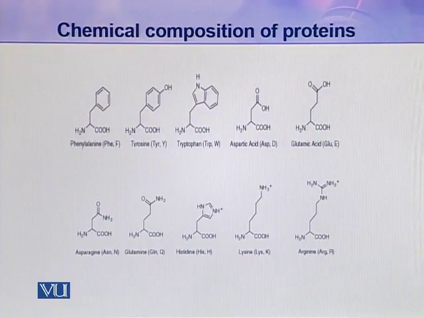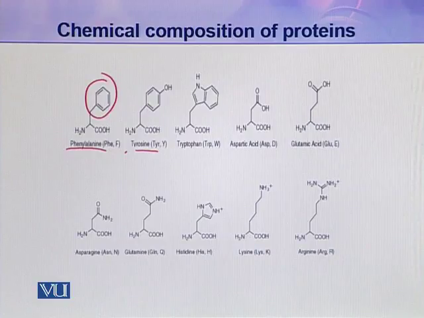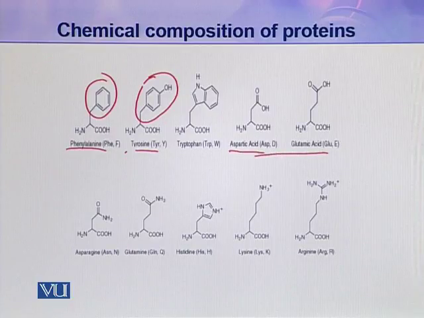Then there are some other amino acids like phenylalanine. Phenylalanine also contains this phenyl group. Then tyrosine, also a similar one. Then tryptophan, aspartic acid and glutamic acid. So aspartic acid and glutamic acid are charged amino acids, and these are negatively charged amino acids.